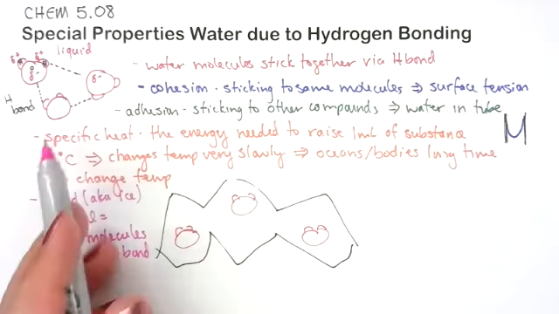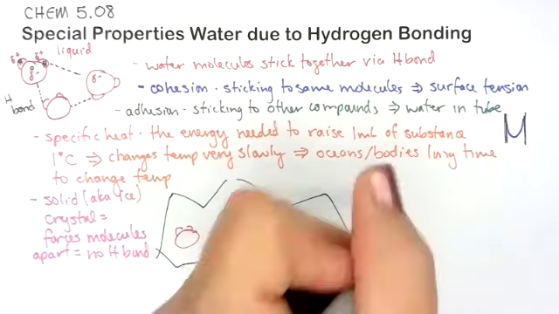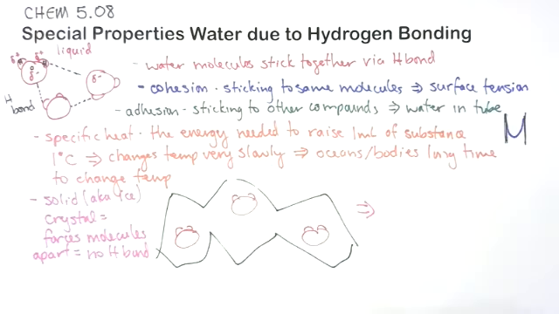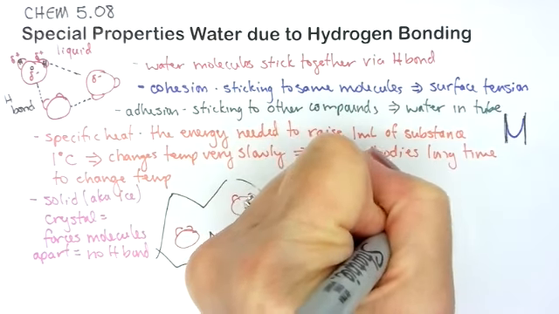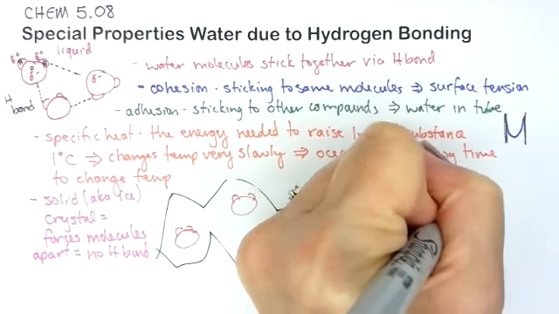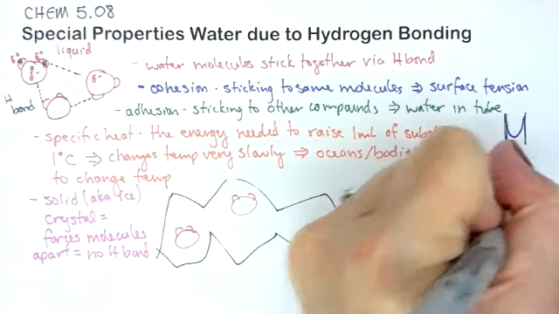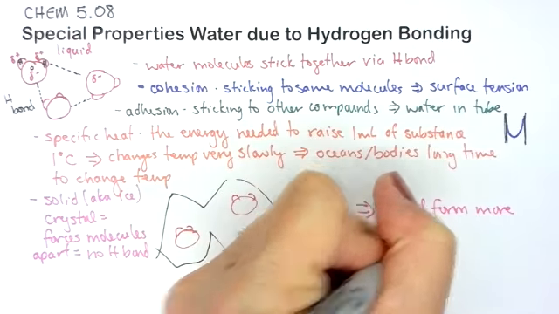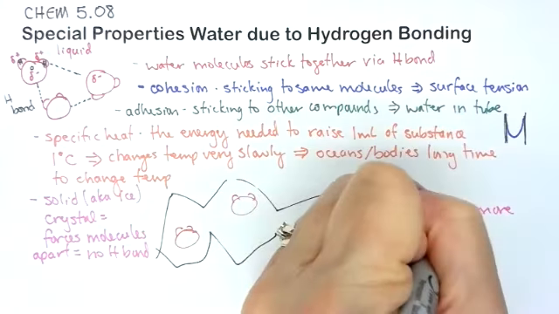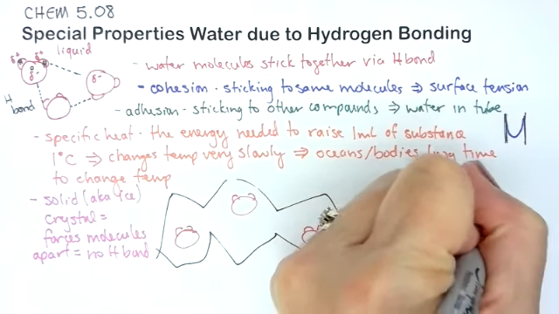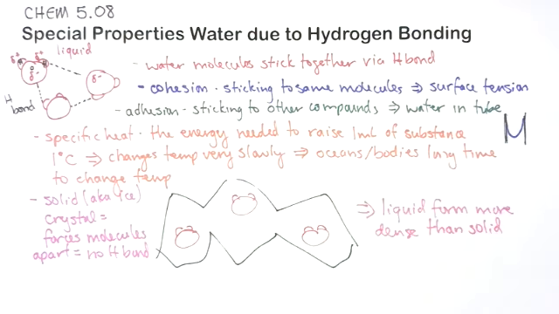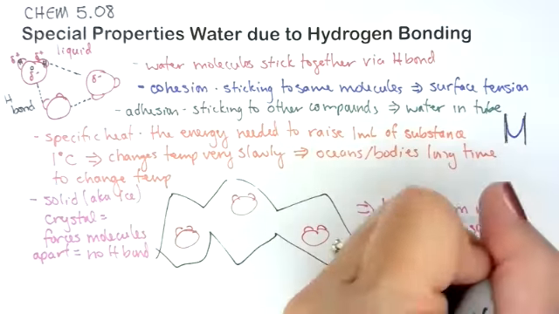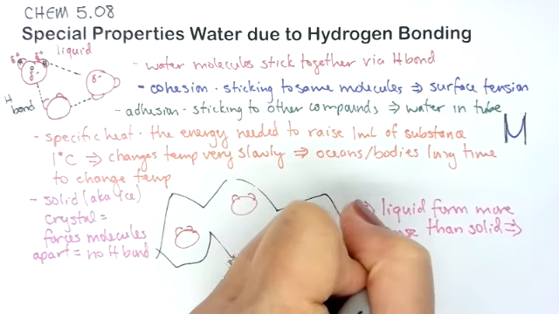Because of that, liquid water is more dense. So here's our arrow: the liquid form is more dense than the solid. So what's the result of that? Well, the result is, and I'm going to do a double arrow this time, ice floats.